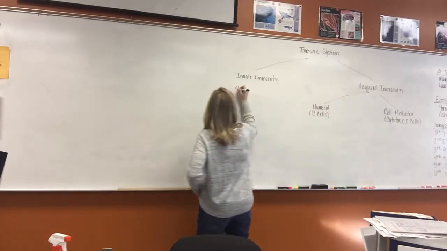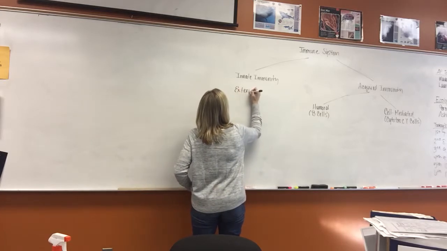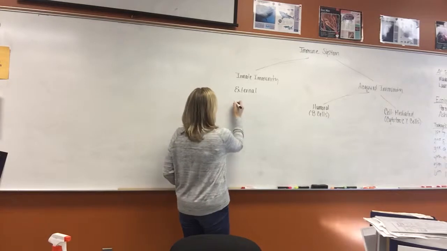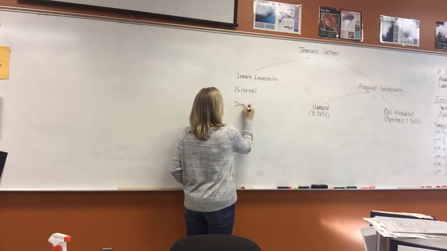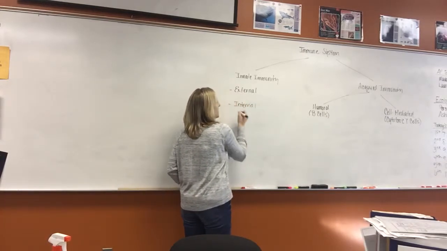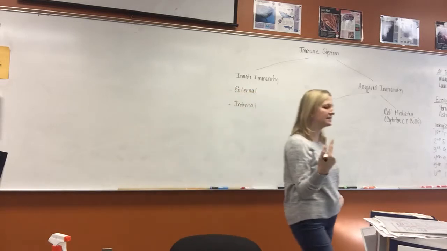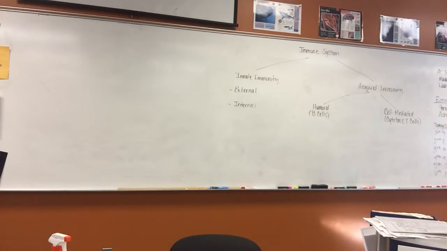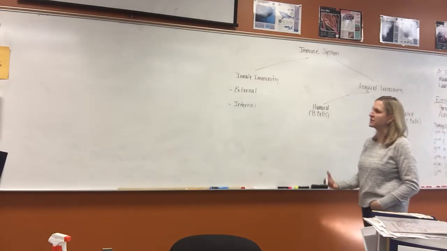So when we talked about innate immunity, there are external defenses and internal defenses. External would be the skin and acidic secretions that discourage bacteria from growing on you. And then internal is when the bacteria or the pathogen gets into your body, there are some specific defenses.